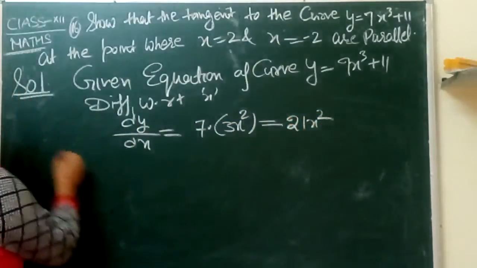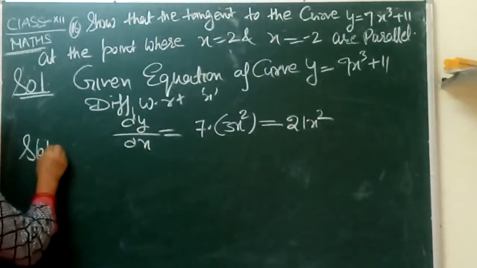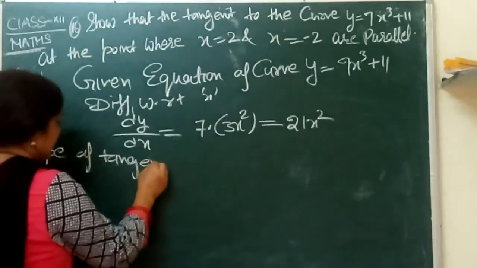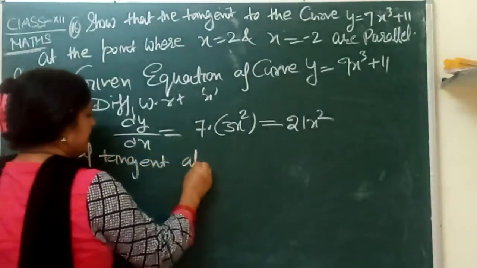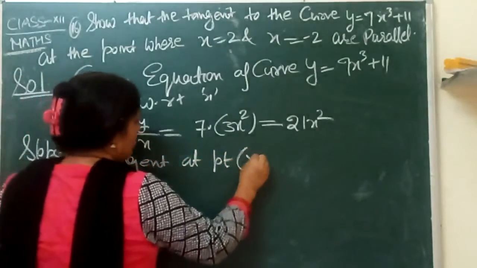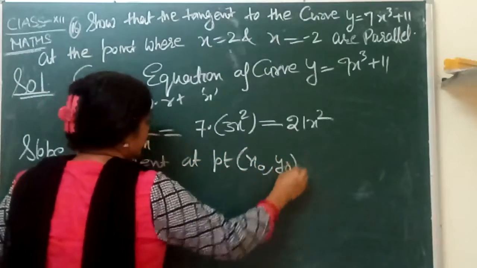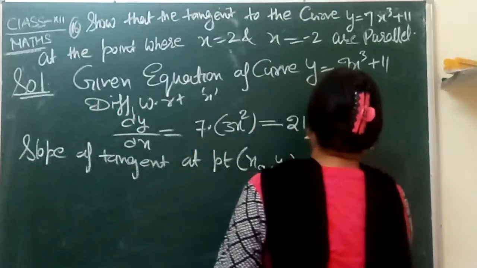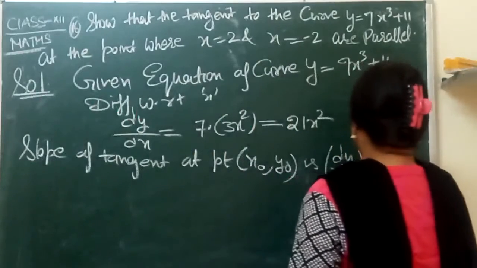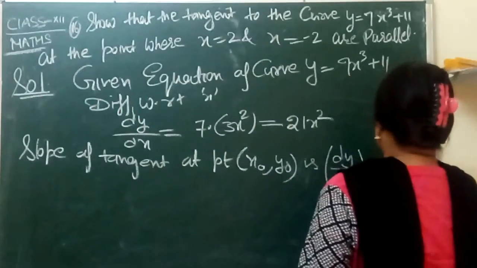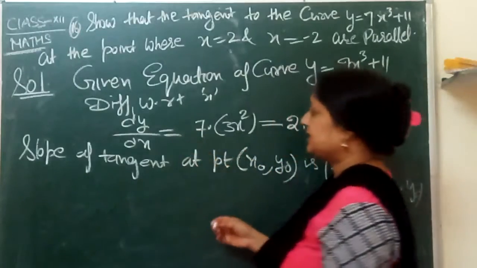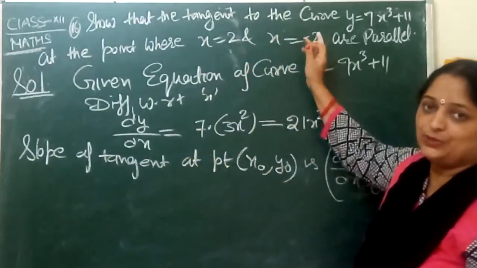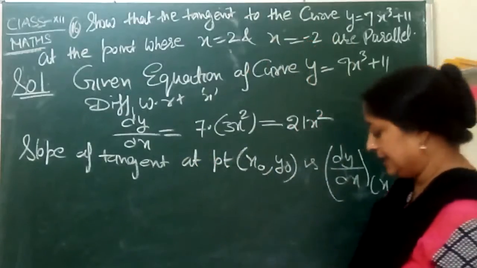Now slope of tangent at point x naught, y naught is dy upon dx at x naught, y naught. In this dy upon dx we have to find out the slope at x equal to 2 and x equal to minus 2 and show that they are parallel.